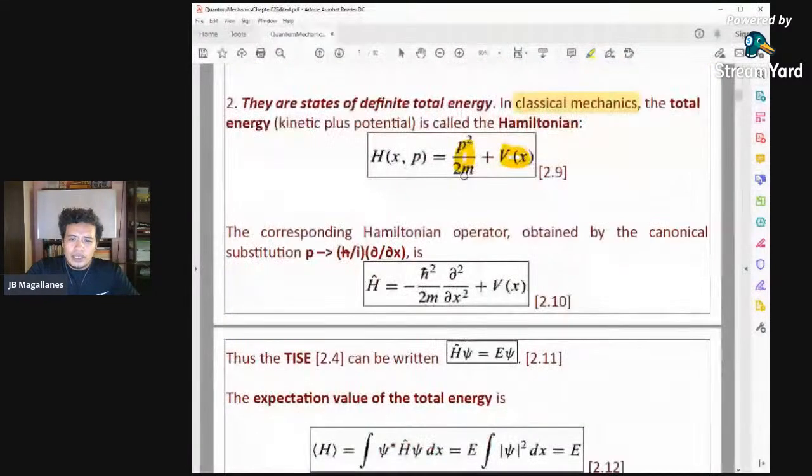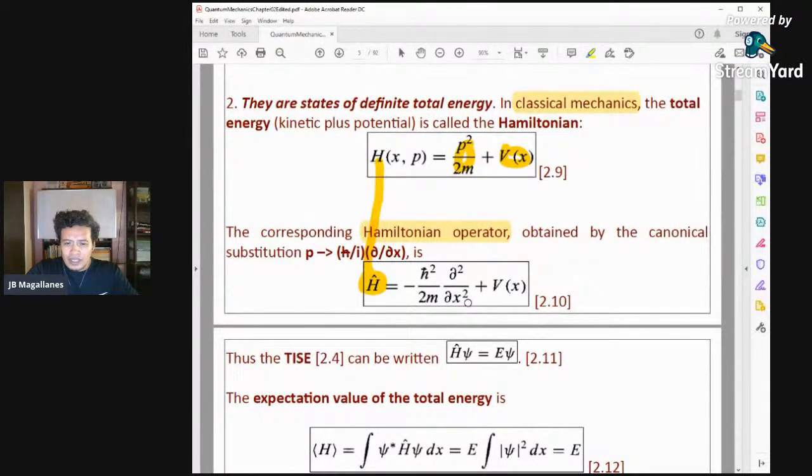The canonical equivalent of the Hamiltonian in classical mechanics is the Hamiltonian operator in quantum mechanics. Here, there's a hat above the H. And your P, of course, is ih bar times the partial derivative with respect to x.